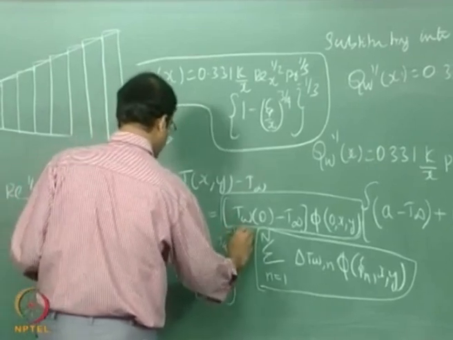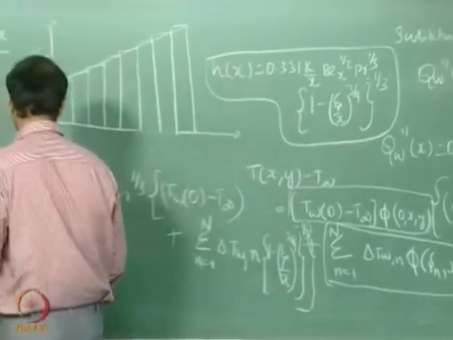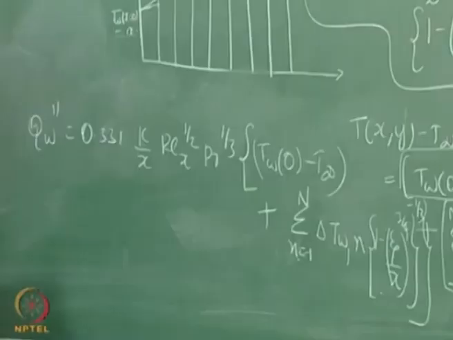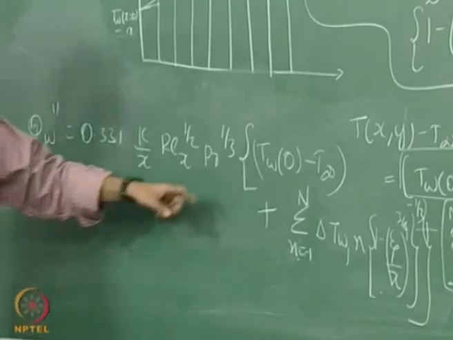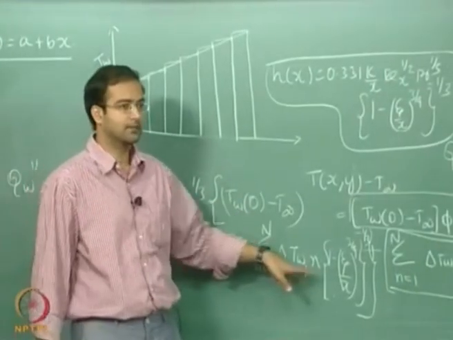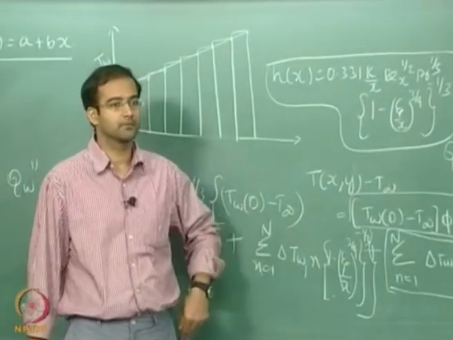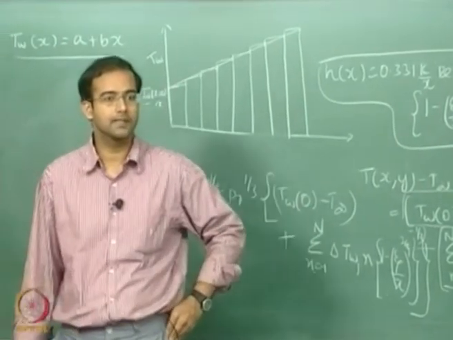So this is what you will have if you have a discrete variation. If you had a continuous variation, you will replace this by an integral over d zeta.